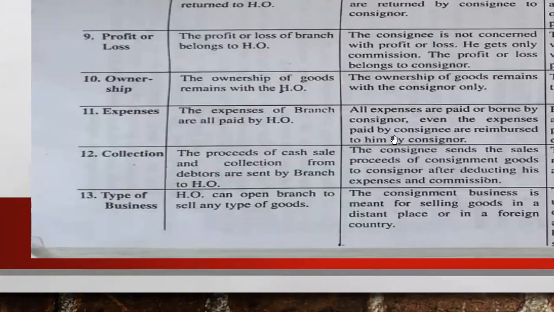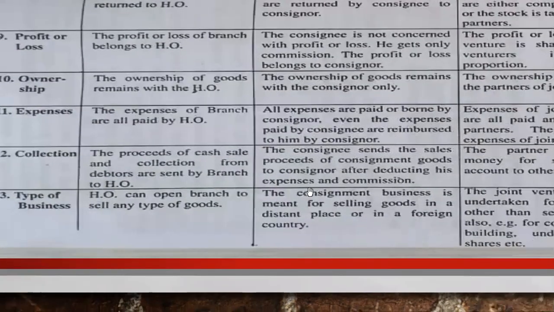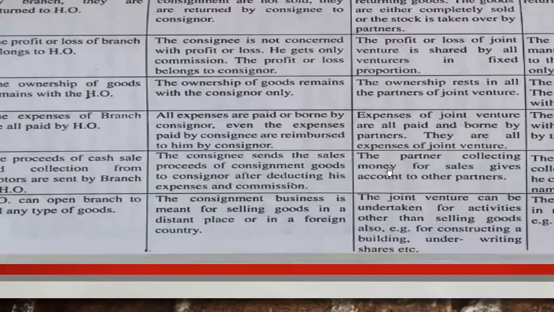Collection. The proceeds of cash sale and collection from debtors are sent by branch to head office. The consignee sends the sale proceeds and consignment goods to consignor after deducting his expense and commission.